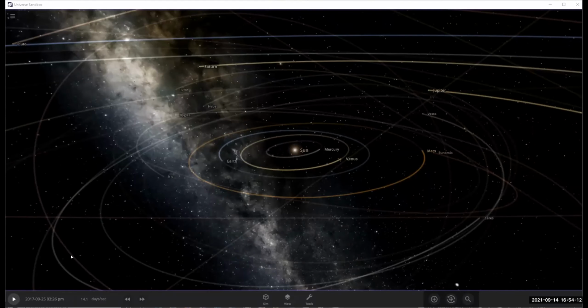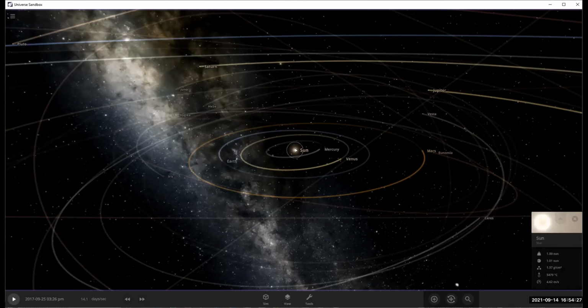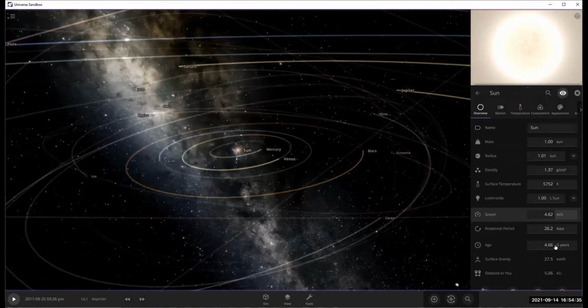Basically, all I did is I froze the time on it. So let me put this laptop away a little bit, since I can manage with the screen in here. So here is where the sun is. It's really the center of everything in the solar system, as you can clearly see. I am far away from the sun at this point, at a distance of about 5 astronomical units.